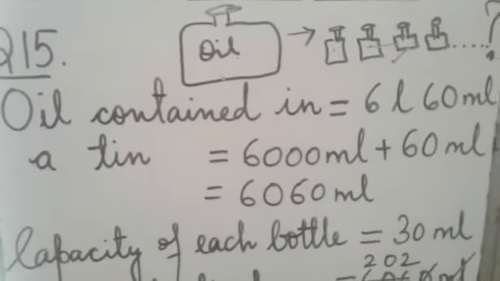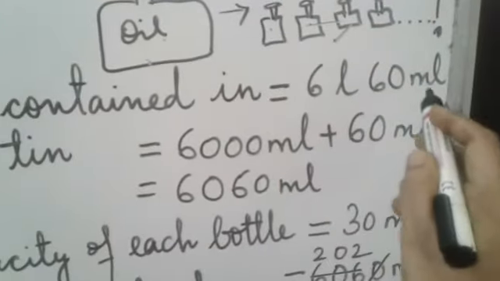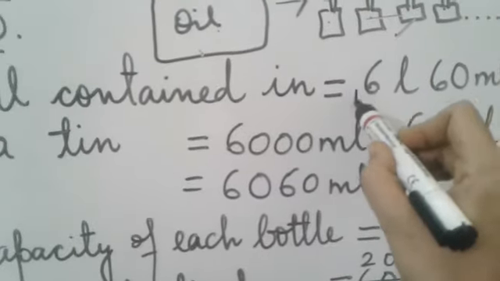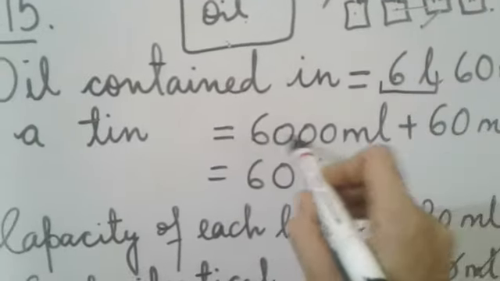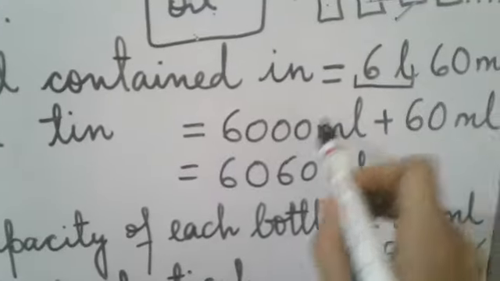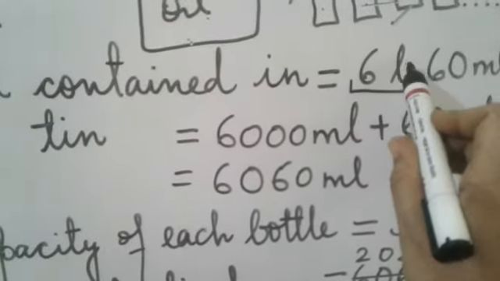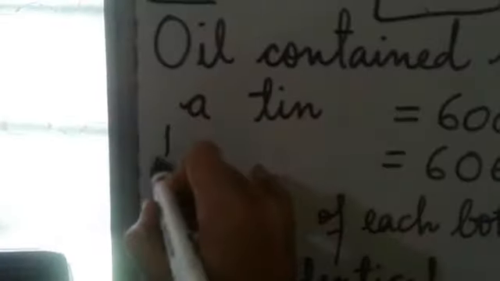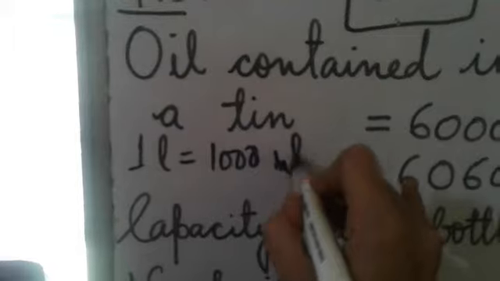So let's start. Oil contained in a tin is 6 liter 60 ml. You know that like the last two questions, we are converting things. 6 liter is 6000 ml. Why? Because 1 liter is equal to 1000 ml. Last year you have studied, 1 liter is equal to 1000 ml.